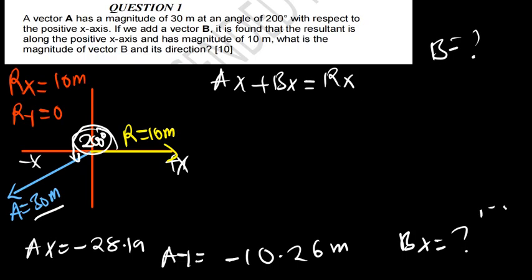We have Ax, which is negative 28.19, but I don't know Bx, and our goal is to find the magnitude of B. We have Rx, which is 10.